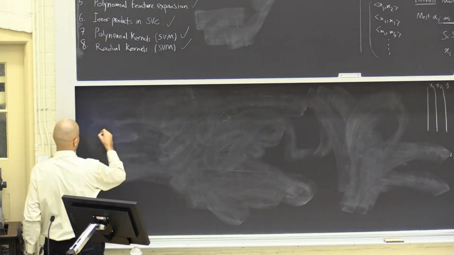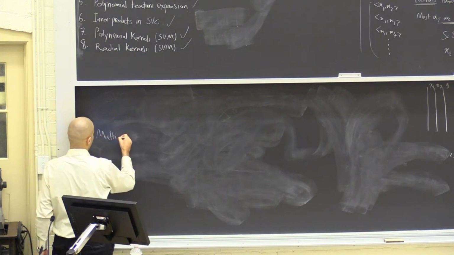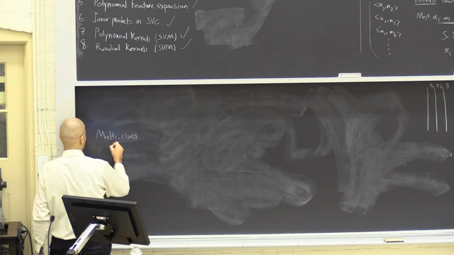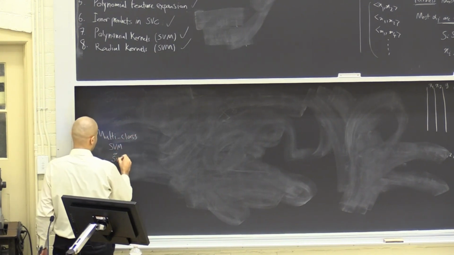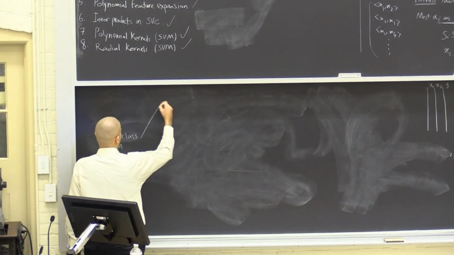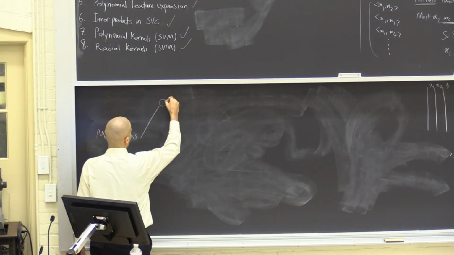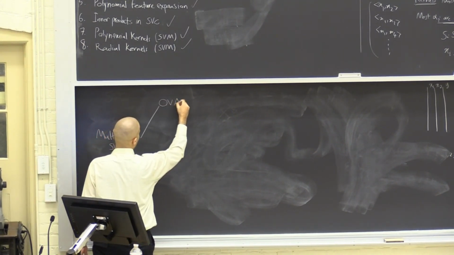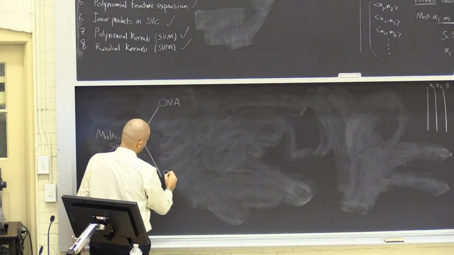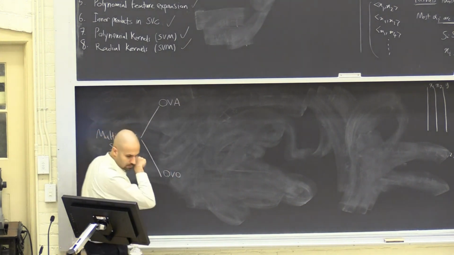So for multi-class classification with SVM or SVC, one method is one versus all. Another method is one versus one.